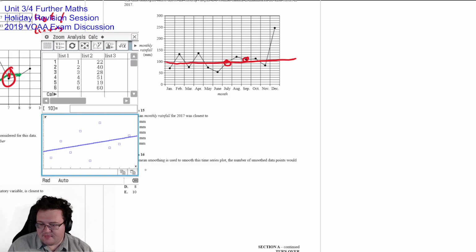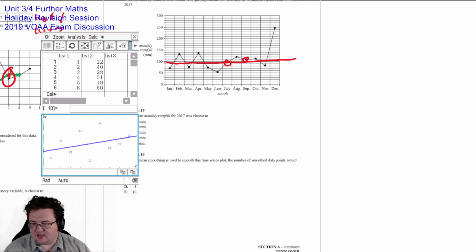If 7 mean smoothing was used to smooth this time series plot, how many smooth data points would you have? If you were to 7 mean smooth, how many data points would you have? You would only have 6.